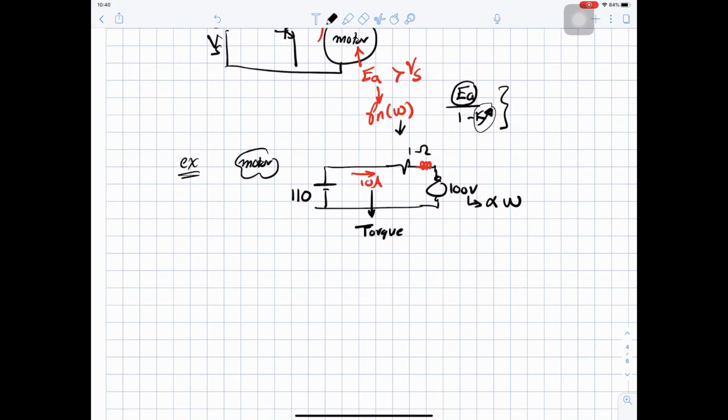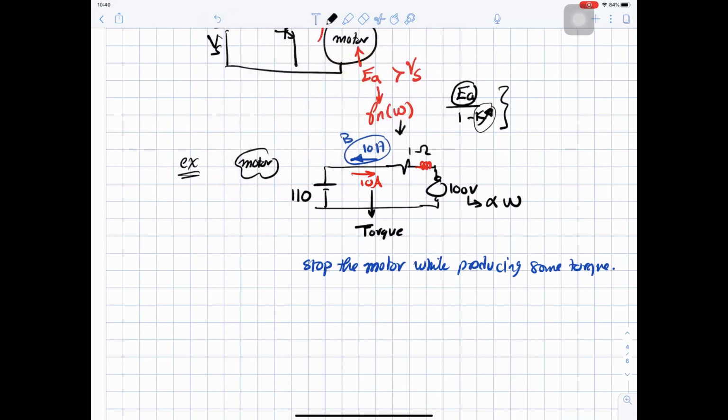Now, if you decided you need to stop the motor while producing the same torque, or consuming the same torque, it means we need to reverse the current to be 10 ampere in the opposite direction. This is braking.